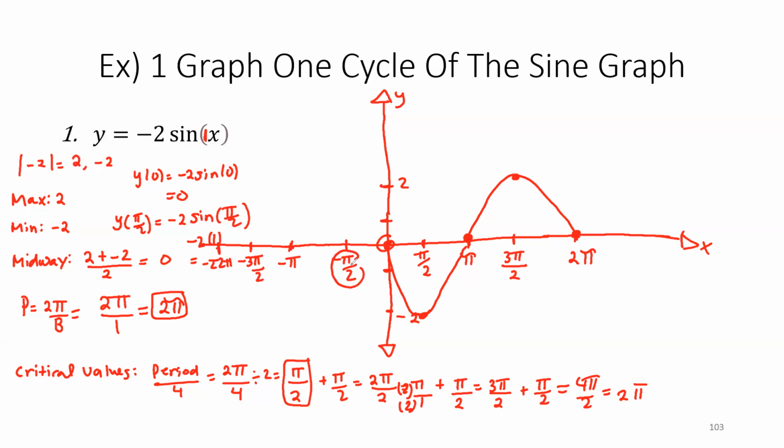For -pi over 2, that's the same thing as 3 pi over 2. That has a sine value of -1, times -2, which is +2. So it starts at 2. That's good because I know that at your max, and then at -pi, it's going to go midway. And then at -3 pi over 2, it's going to be at minimum. And then over here, it's minimum, right? Just like that.